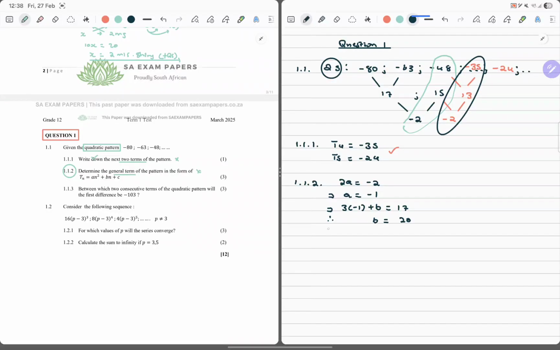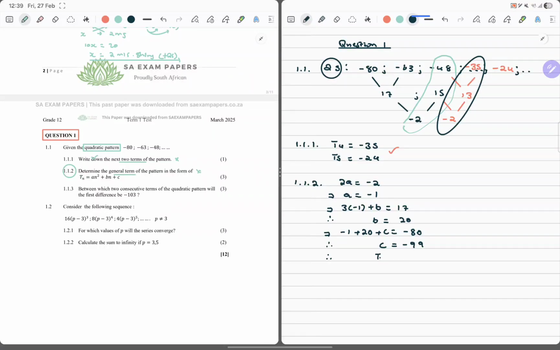And this would also tell us that a, which is minus 1, plus b, which is 20, plus c, should be the very first term of our quadratic sequence. Therefore, c, when you put it across, is going to be minus 99.